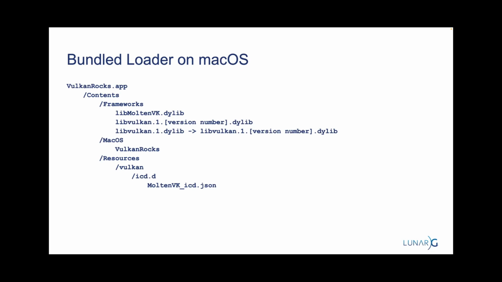The first folder in all of our app bundles is Contents, which is the contents of the application. There's a Frameworks folder and a MacOS folder. And due to the way Apple enforces their security policy, these are the only folders executable code can go in. So if you have a dynamic library or a framework, it has to go in Frameworks.